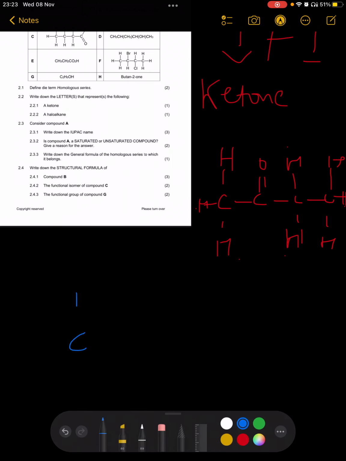So he's drawing a C2H5, 1, 2, 3, 4, 5, and then there is an O, and then H. What are they looking for? The structural formula of the functional group of compound G.